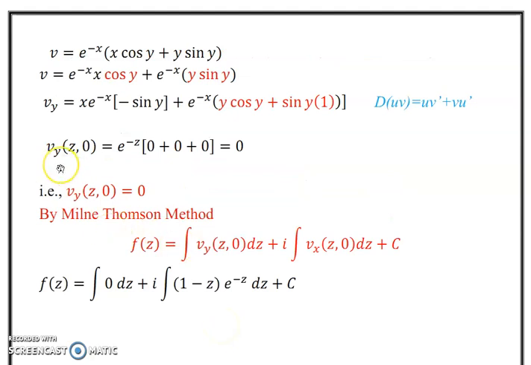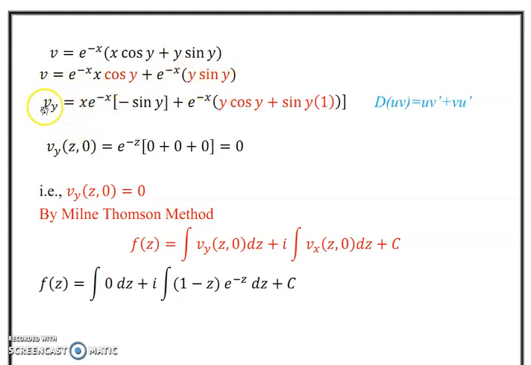Next we find vy of z comma 0. Now take v equal to e power minus x times x cos y plus y sin y. Then we multiply e power minus x on both the terms. So we get v equal to x e power minus x cos y plus e power minus x y sin y.